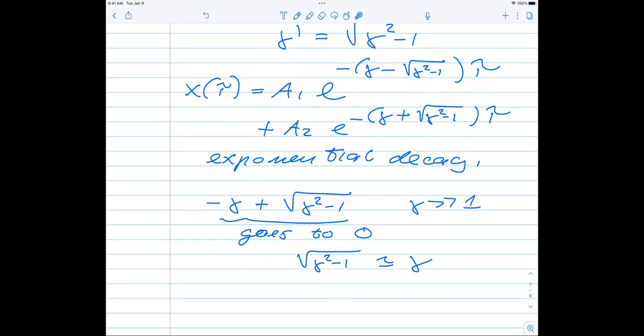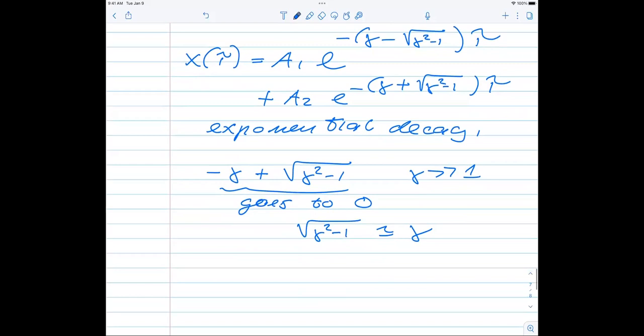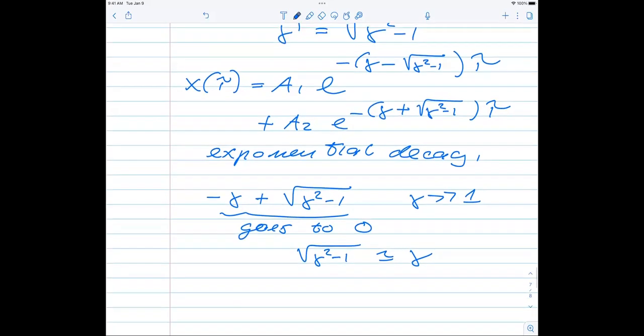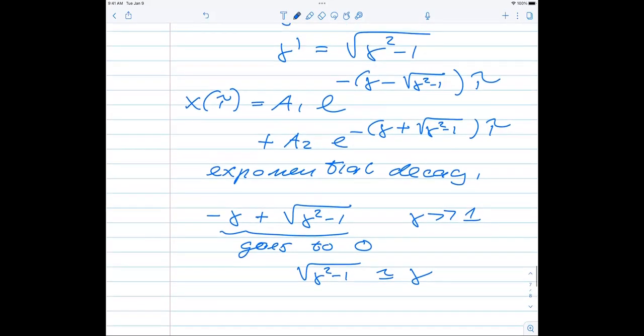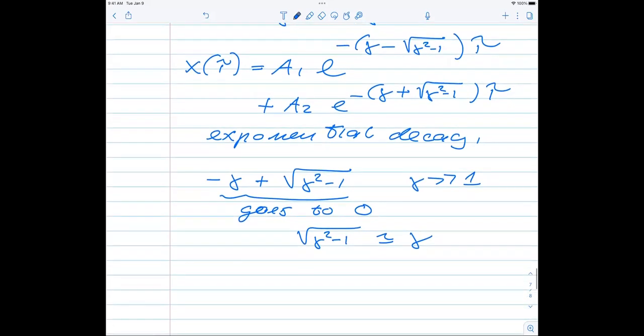On the other hand, if we have a small result for gamma, where gamma still has to be larger than 1, we can take this term, minus gamma minus the square root of gamma squared minus 1, which is approximately equal to minus 2 times gamma.